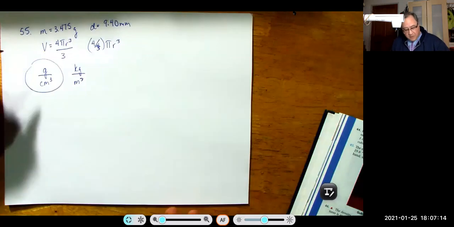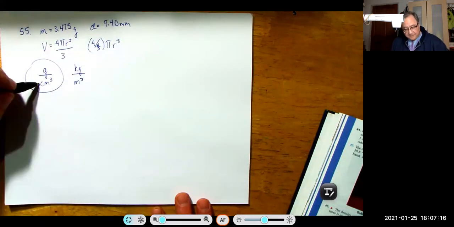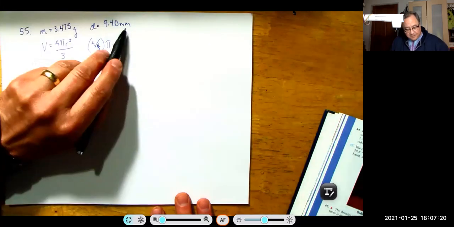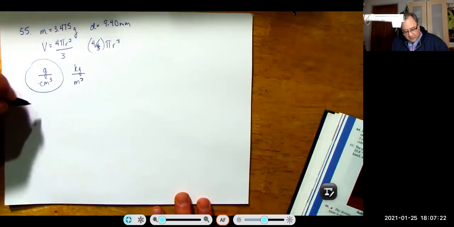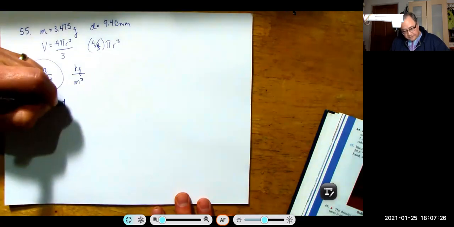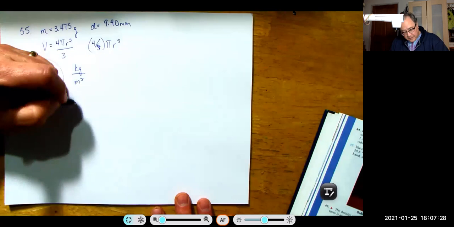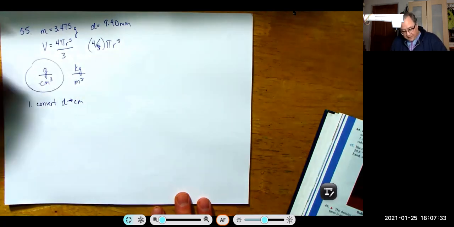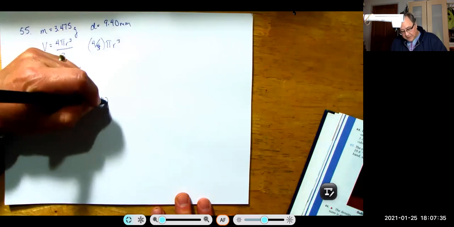Okay, so if I want these types of units and the diameter is in millimeters, first thing I'm going to do is convert the diameter to centimeters. So I've got 9.40 millimeters.